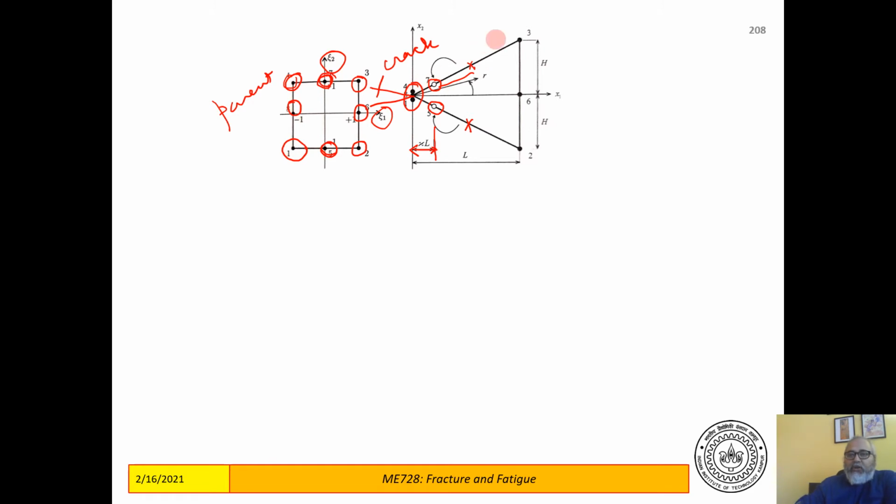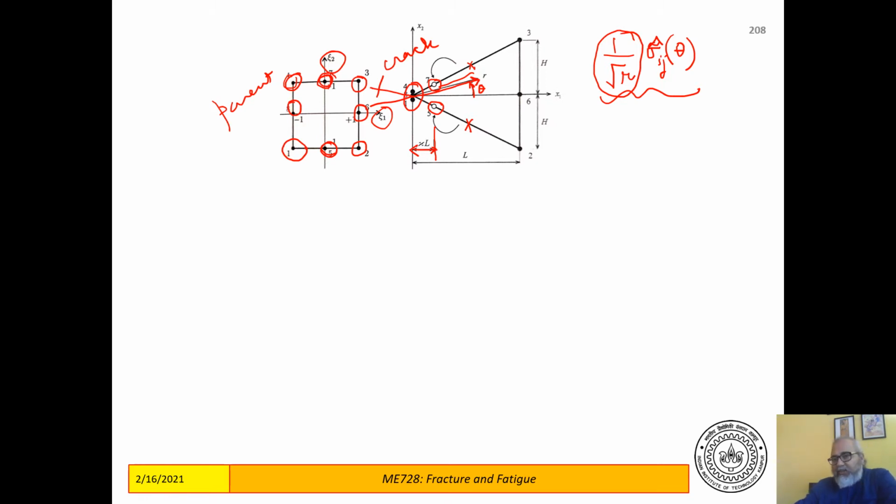Okay, so this is called a collapsed quadrilateral, and then this is the r vector, and this is your theta, and we know how the stresses are supposed to vary with r and theta. We know that they are going to vary as 1 by root r times some angular function of theta. So we need to have this kind of variation inbuilt into our approximation, so that we can approximate the stress fields accurately.